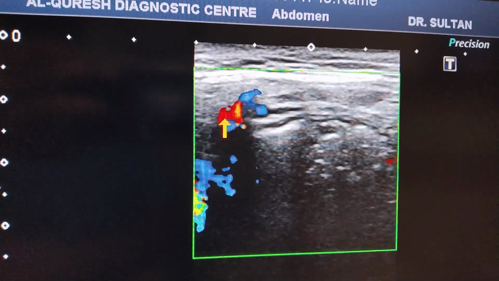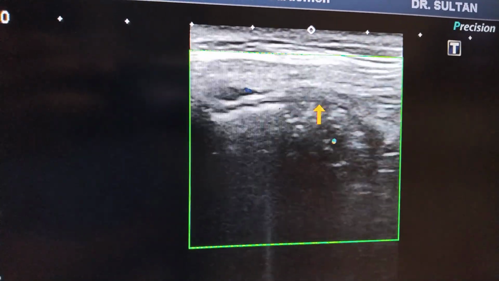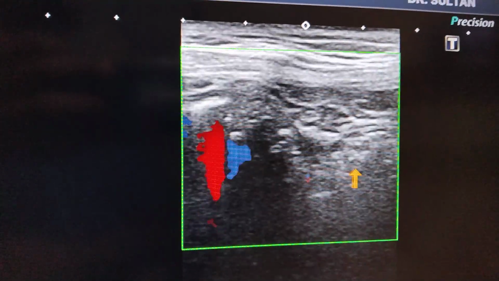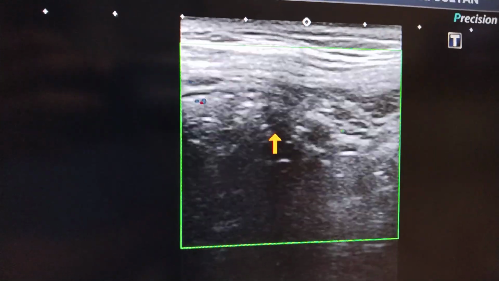So this defect is lying on this side, this is the medial side, so this defect is lying on the medial aspect. This is the defect on the medial side of the inferior epigastric artery.